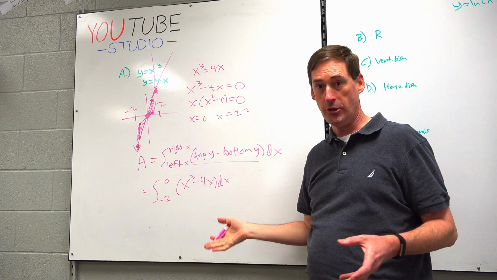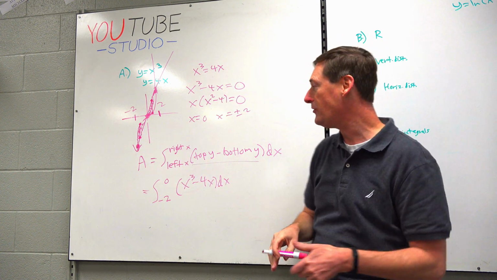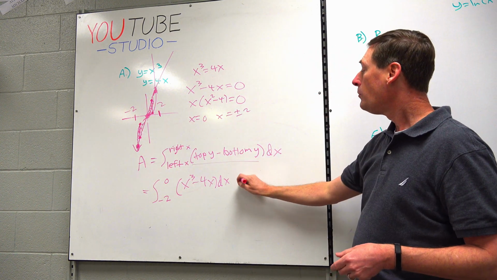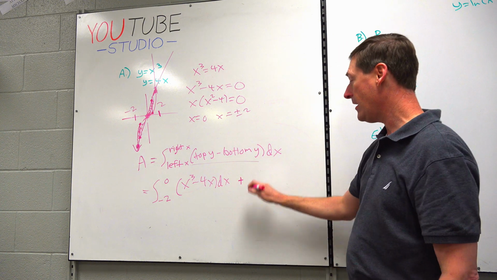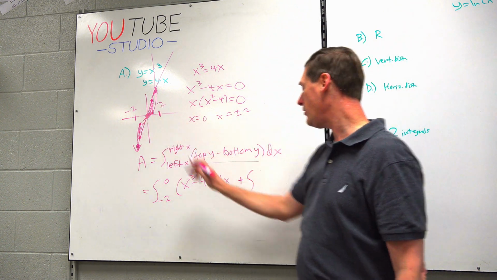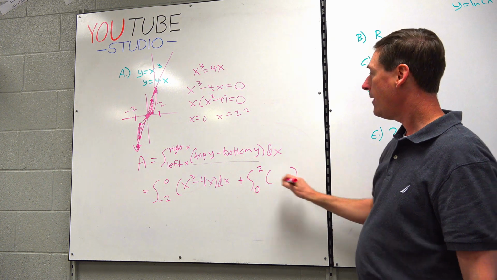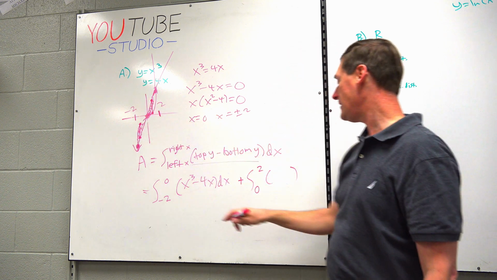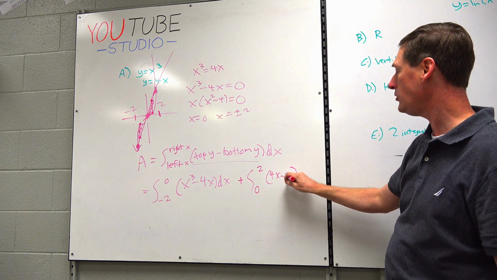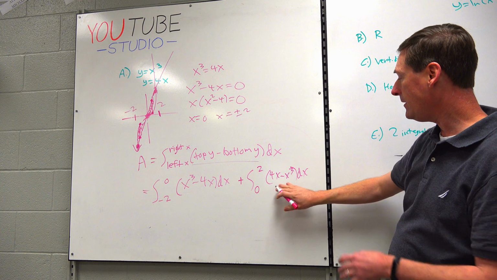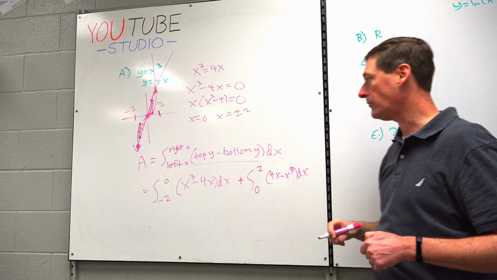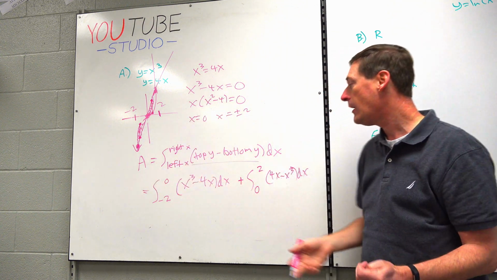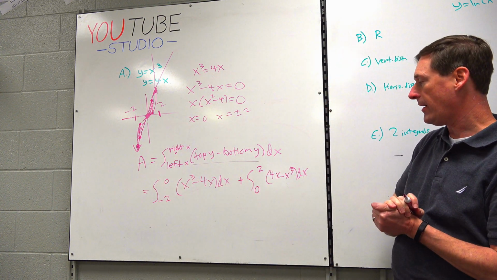And that integration, as Darboux discovered in the 1800s, would basically find the area of that little shape right there, plus the rest of the area from 0 to 2 of top y minus bottom y, vertical distance, 4x minus x cubed. As we said, they switch. And that would give you the area of the other little group right there, okay? And this could be something that they're manufacturing. This could be a propeller for a plane or something, who knows? So that gives you the total area, all right?